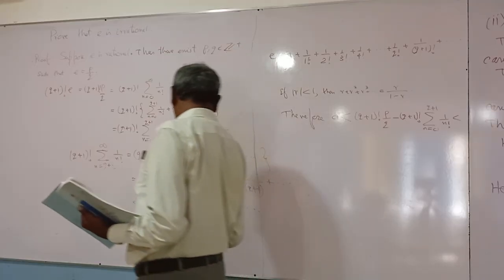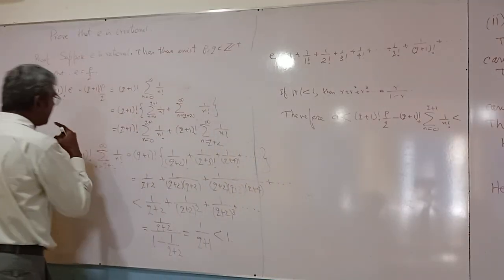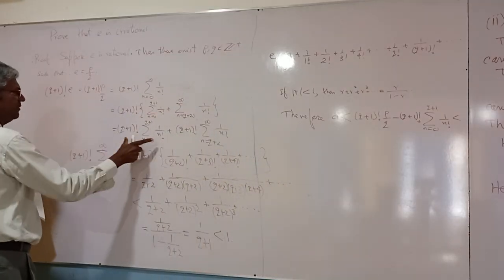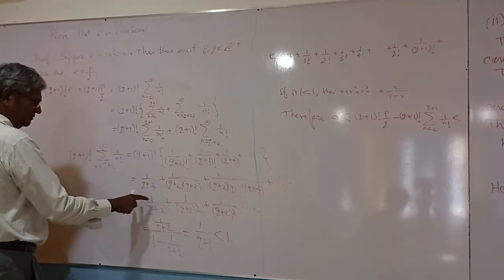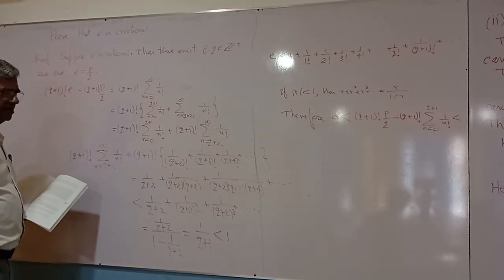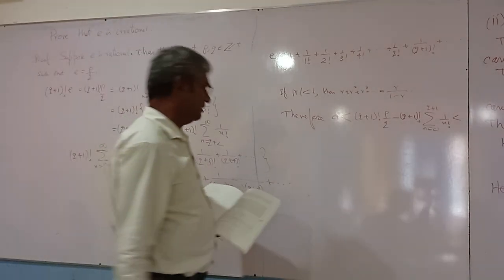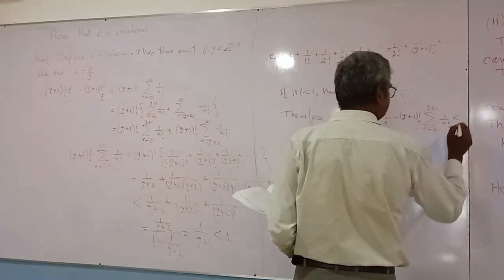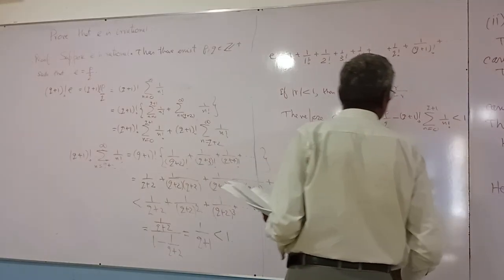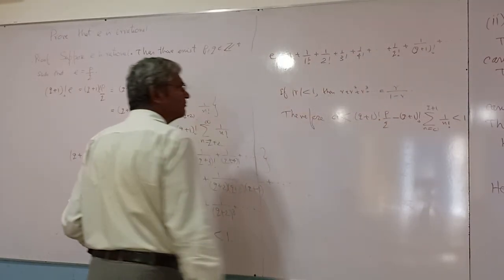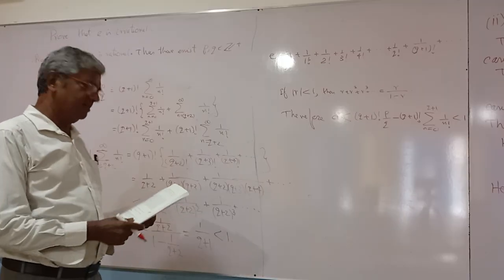So what I did was, I thought this one is less than 1. Then this guy minus this sum is equal to this one, so it is less than 1. Can you see that?